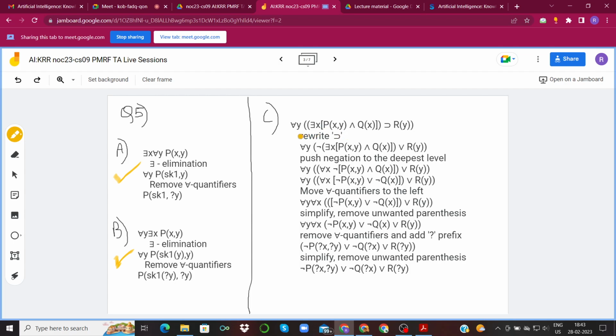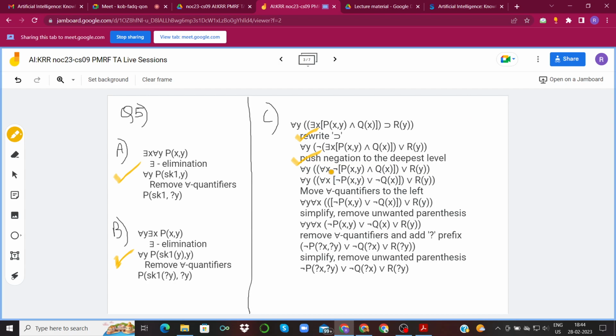First we will rewrite this implies, okay. So rewriting this implication, you have not of there exists x, p x y and q x, or r y. Then you push this negation towards the inside. While doing that, you convert this there exists to a for all, because not of there exists x will be converted to for all x.